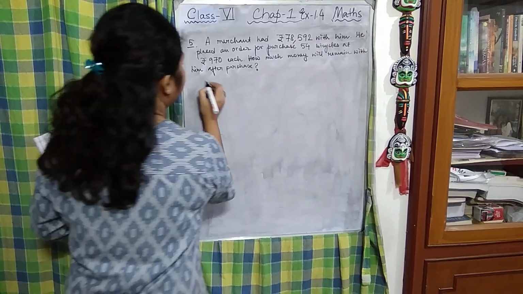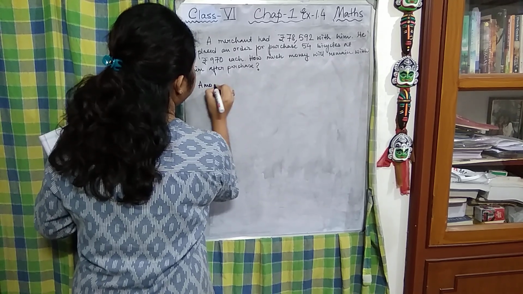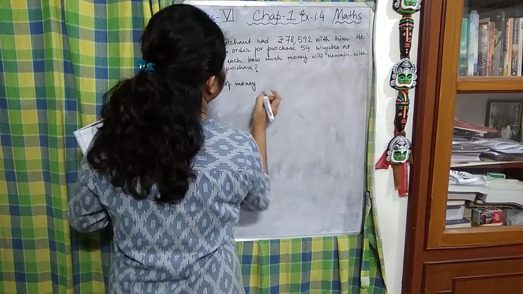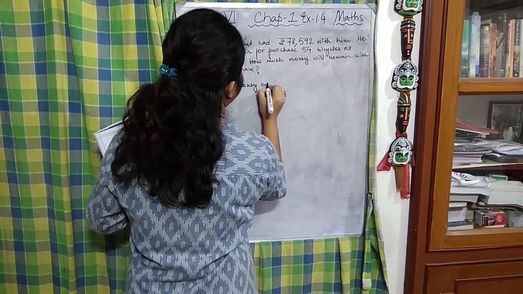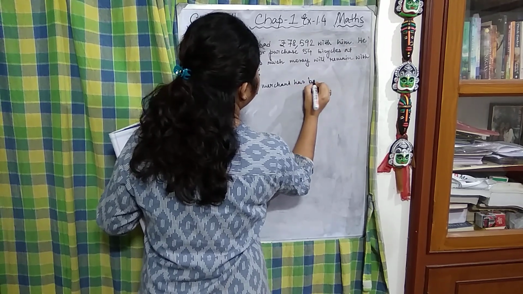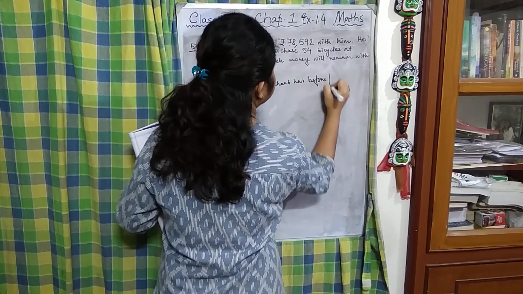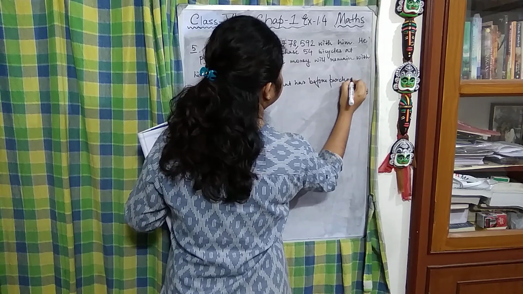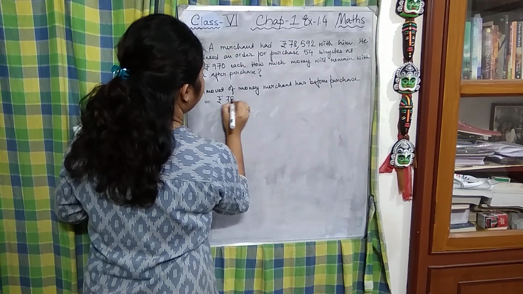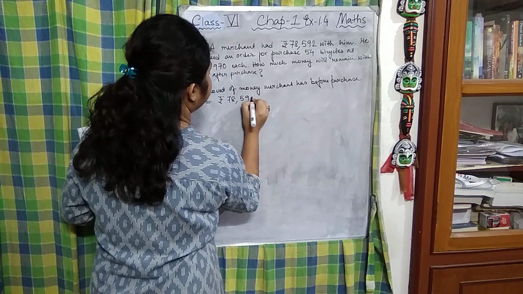Okay. So the amount of money the merchant had before purchase, that is rupees 78,592.